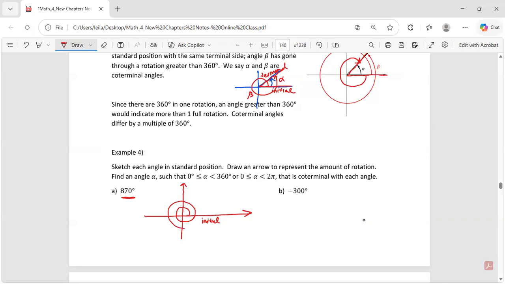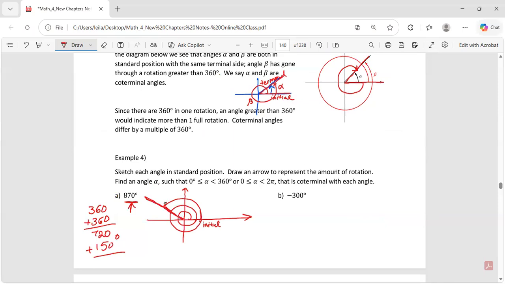In the second rotation, I just get to 720, because 360 plus 360 is 720. But to get to 870, I need 150 degrees more. So after the first rotation, I need 150 more. And I know that 150 is in the second quadrant.